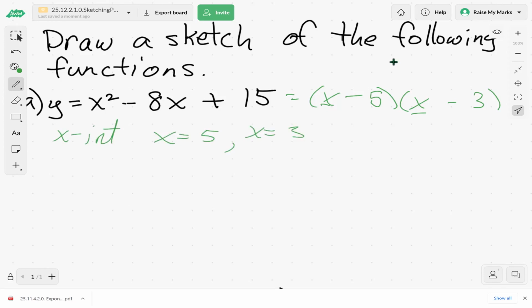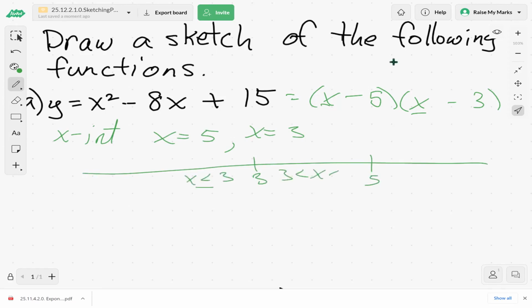We're going to use these values to divide up our real numbers into intervals. In particular, our intervals are x less than 3, x between 3 and 5, and x greater than 5. Our two factors are x minus 5 and x minus 3.